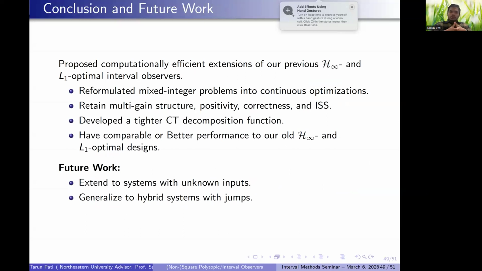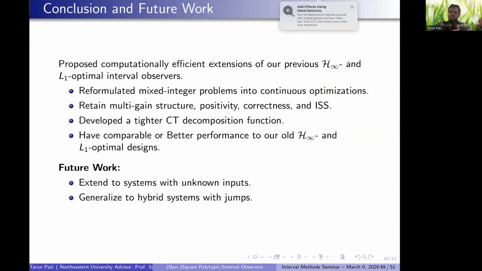So to conclude, we proposed computationally efficient extensions of our previous L1 and H-infinity interval observers. We achieved this by reformulating mixed integer programs into continuous optimizations. We additionally retained our multi-gain structure, and also the positivity and correctness by design.